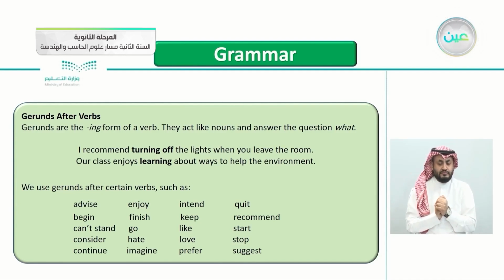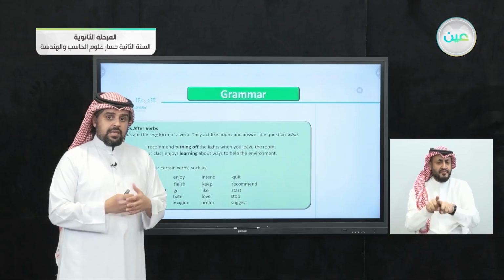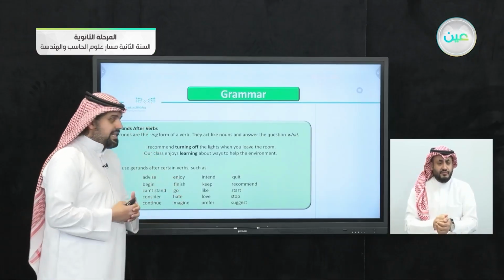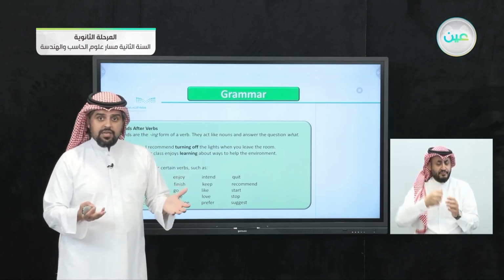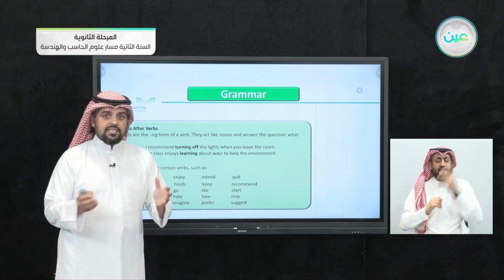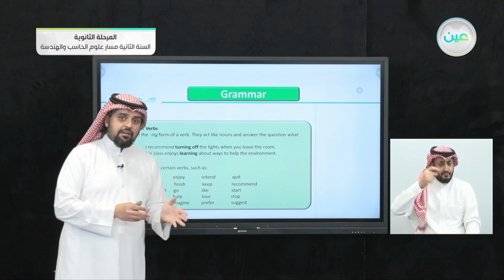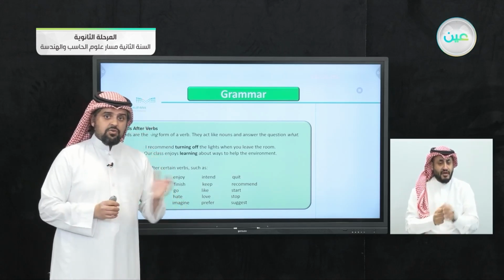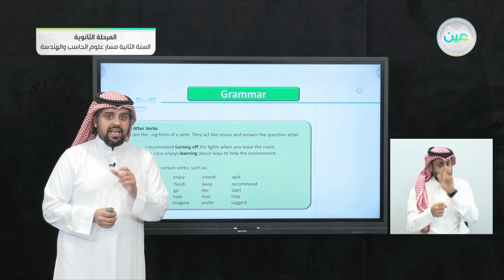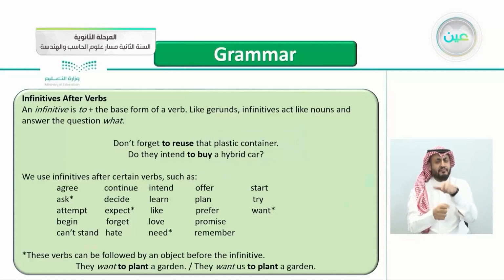So the words that come after each of these verbs are gerunds. When you say, I like eating in the morning, eating here is a gerund. Or you can say, I love driving at night. Driving here is not a verb, it's a gerund, acting as a noun.